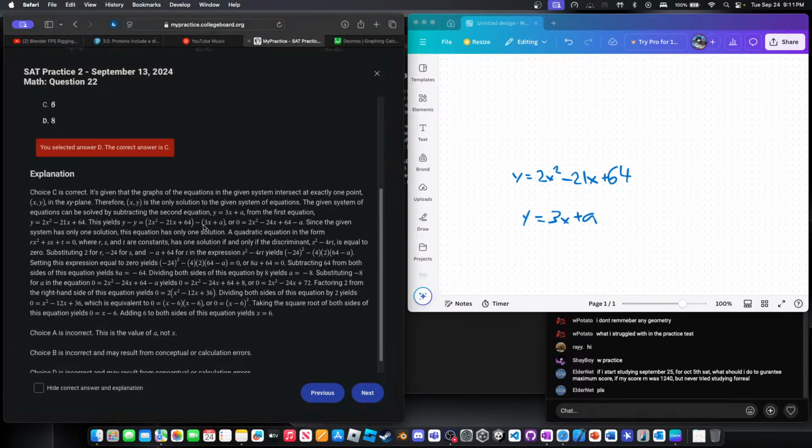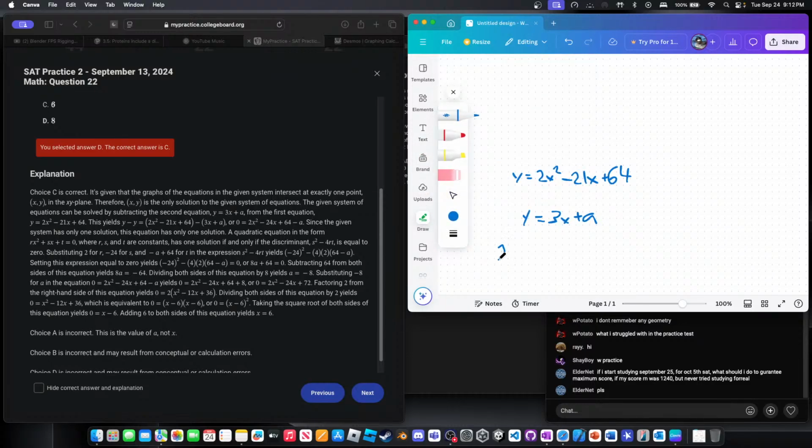Let's see. To give only has one solution. Right here, wait. Subtracting the second equation from the other one. So we would get... Why would we subtract it? I would never think of subtracting this.